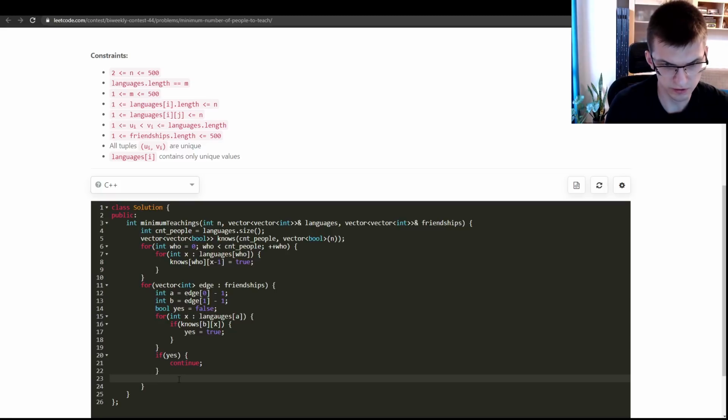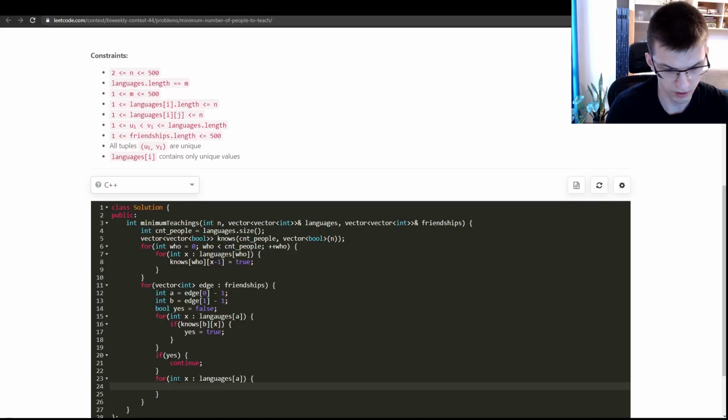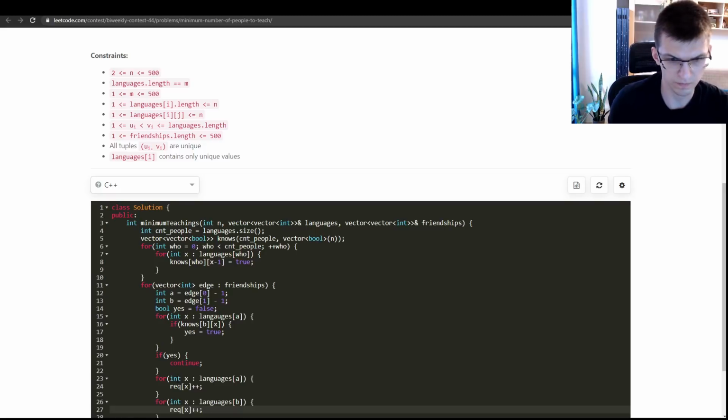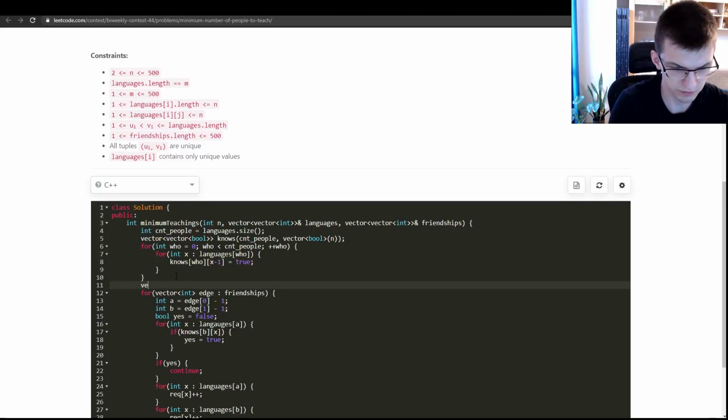Now, otherwise they are disjoint. For every language then one of them knows, requirement of x++. This is answer if we choose to use this language.